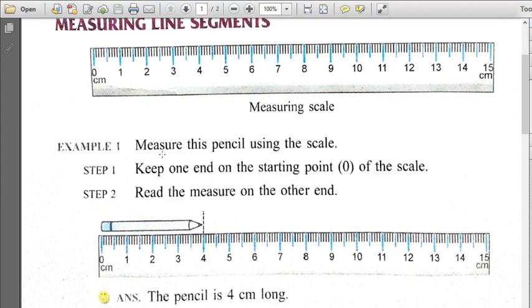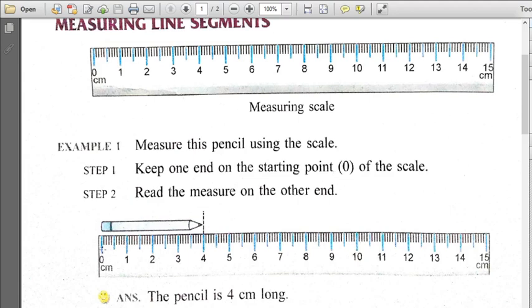Now see children, how we will measure this pencil by placing it on the ruler. We measure this pencil using this scale. Step 1, keep one end on the starting point, that is 0 of the scale. Whenever you are measuring anything, your first point should be at 0.